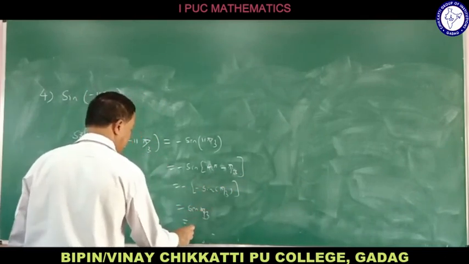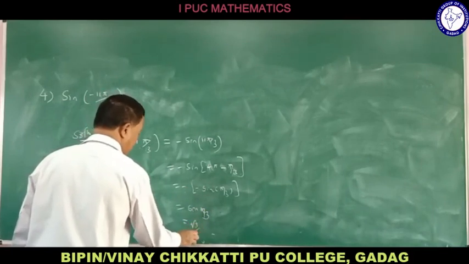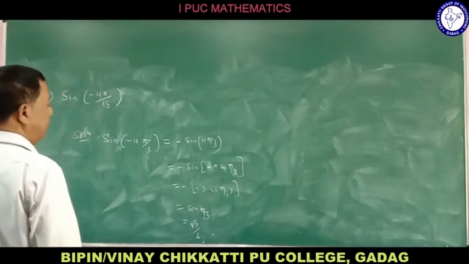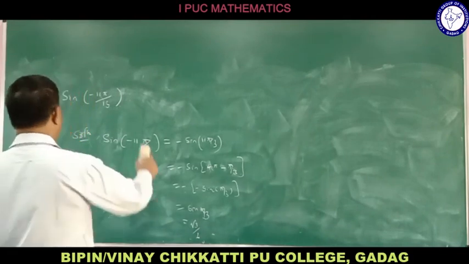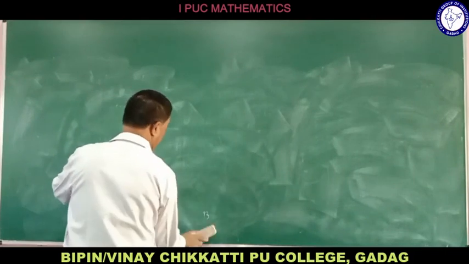Sine pi by 3 means sine 60, which is root 3 by 2. So here you have to find the result by either method.